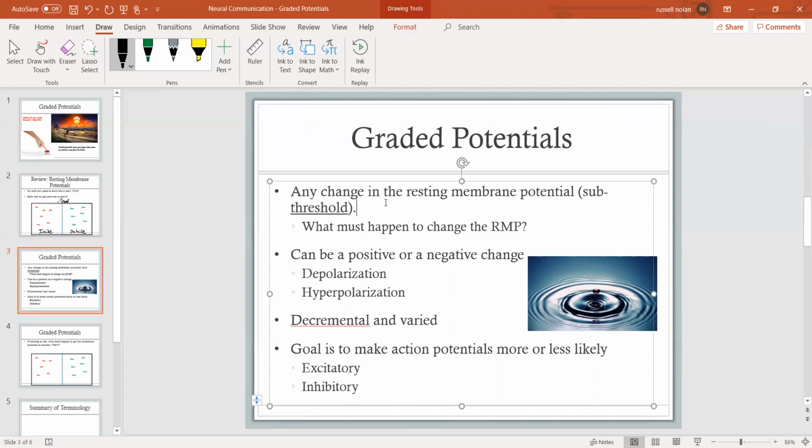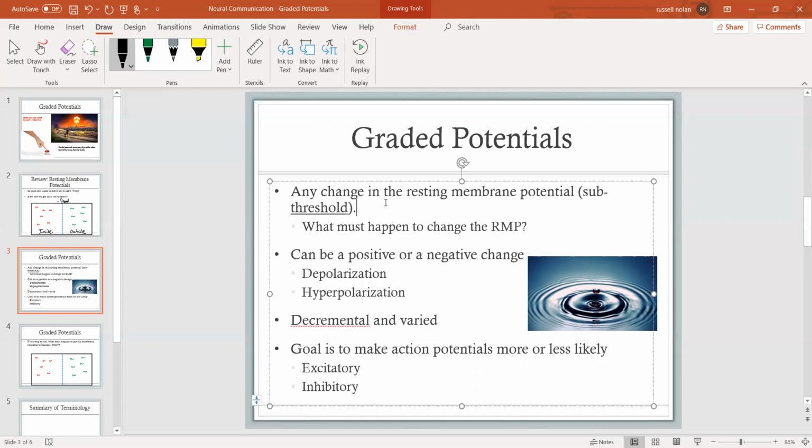So tying in from our last slide, if a graded potential is any change in the resting membrane potential, what must happen to change the resting membrane potential? So pause the video, take a moment to think about that. To answer this, we have to think about what caused the resting membrane potential to begin with. It was the separation of the ions.